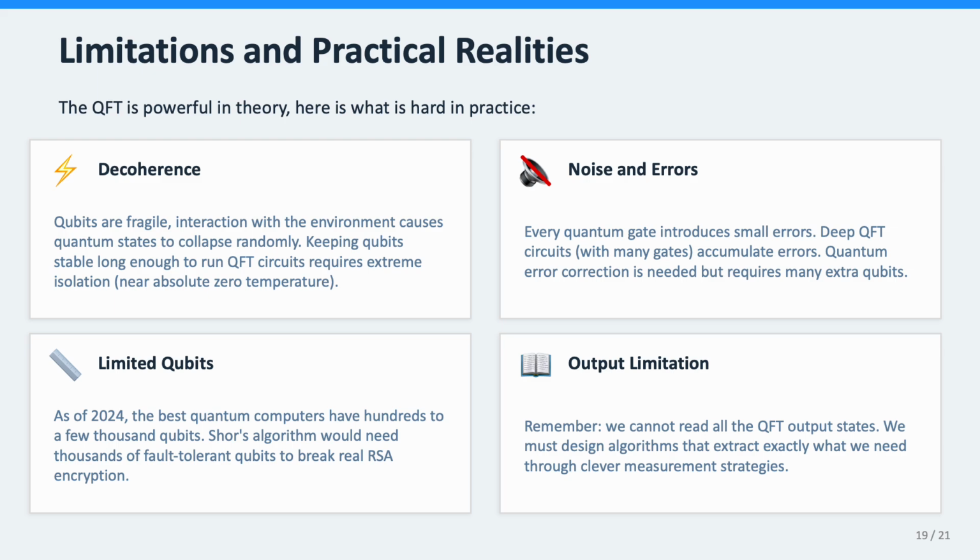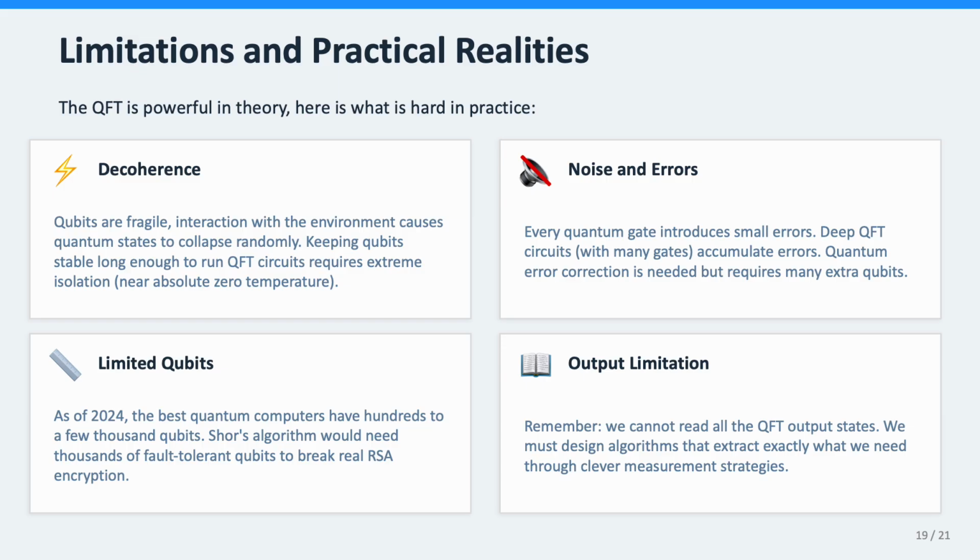Quantum error correction can in principle fix this, but it requires many extra physical qubits to encode each logical qubit reliably. Current estimates suggest that breaking standard encryption with Shor's algorithm would require millions of physical qubits, far beyond what today's hardware provides.